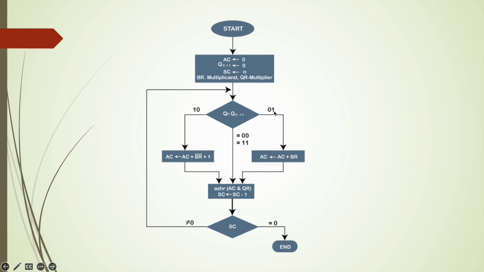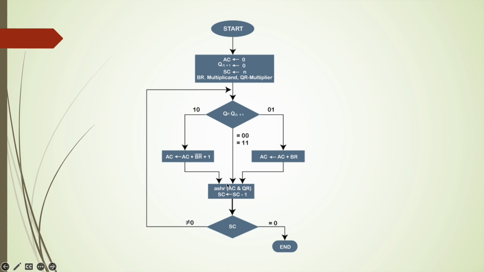If it is 0 and 1, so if we are moving from 0 to 1, we'll just add the multiplicand to partial product AC. If it is 1 and 0, so we are moving from 1 to 0, then we have to use 2's complement. If it is 0 0 or 1 1, we'll just do nothing, we'll just shift the AC and QR.